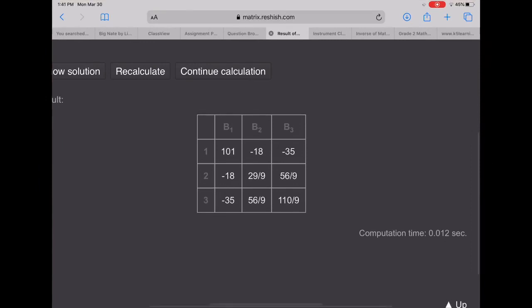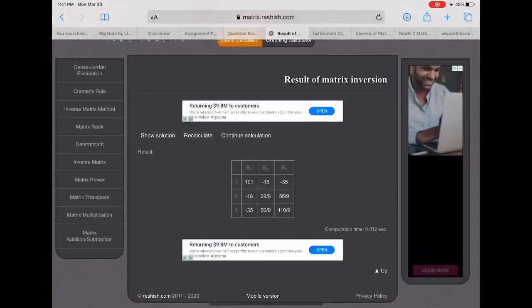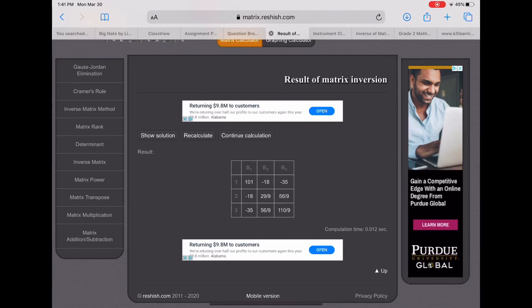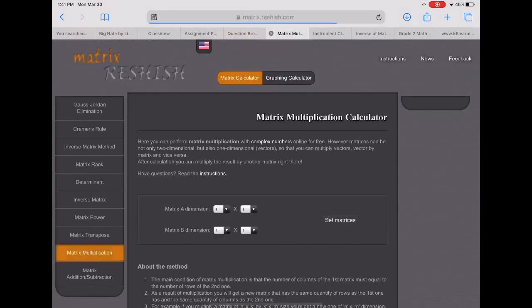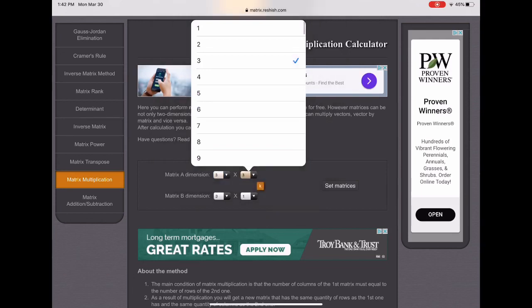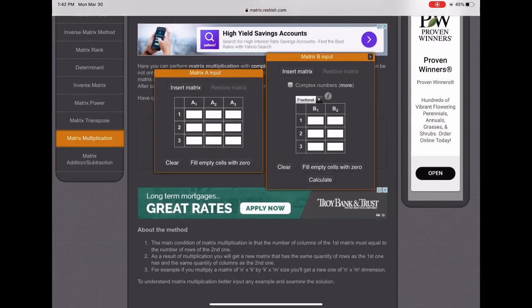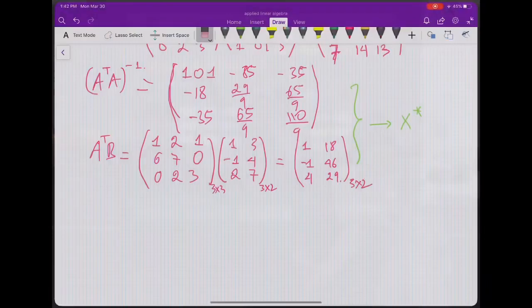So I already have the matrix right here. I want to multiply two matrices. The first matrix is 3 by 3. The second is 3 by 2. I will set the matrix in here, and now we just copy our matrices.